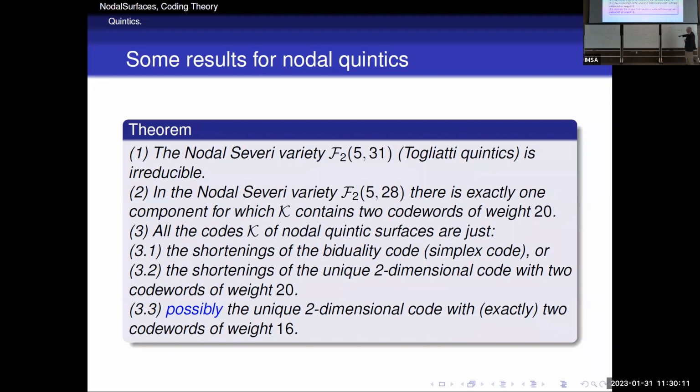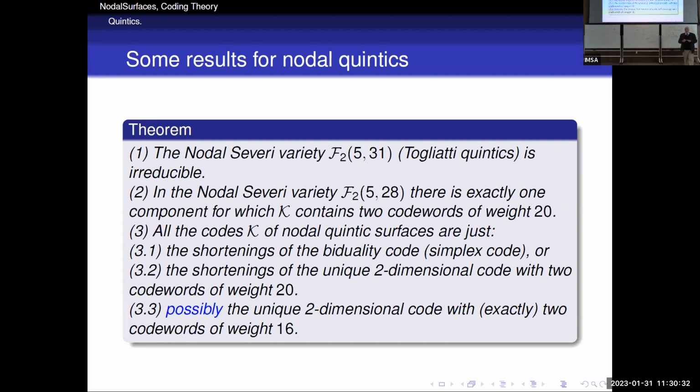And now to this, you associate the Kanev surface of degree 6, which is Q2(x) = G3(x) = 0.